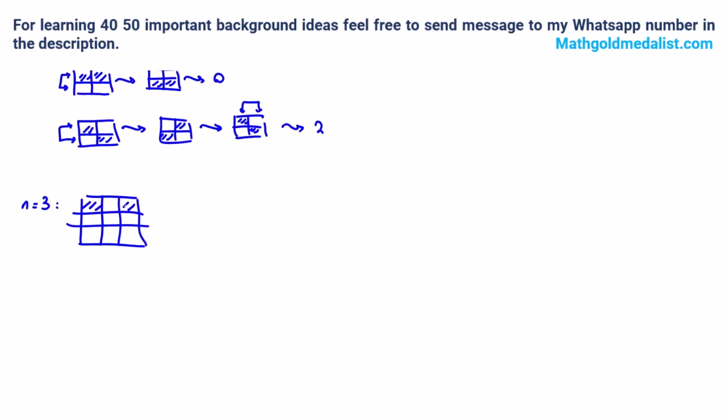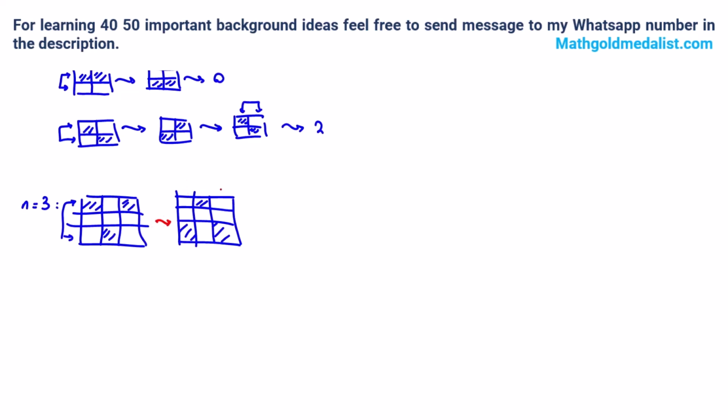For example, this. Suppose we permute these two rows. Then it would be this one, this one, this. By permuting columns, you cannot reach the original diagram. Why?